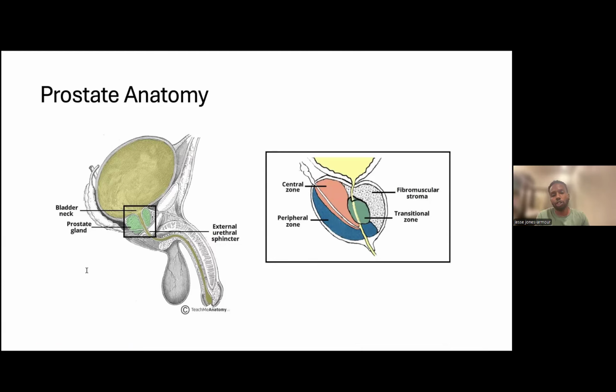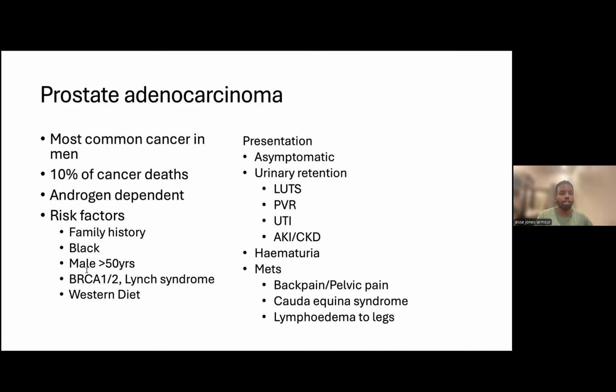So you have your peripheral zone, which is usually where your prostate adenocarcinoma comes from. You have your central zone, you have your transitional zone, which is periurethral, and you're more likely to have symptoms of BPH from that zone. And then you have your fibromuscular stromal zone, or your anterior zone.